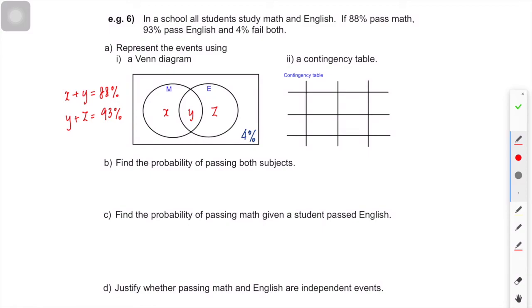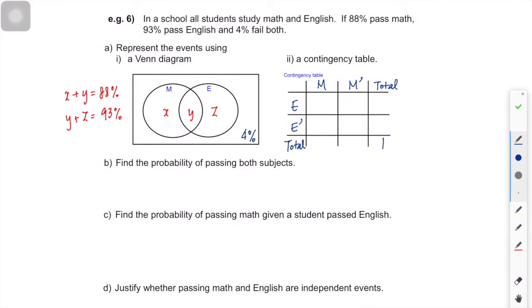Let's take a look at another tool, a graphic organizer called a contingency table. The way it works is this. You list your events: M, passing math, failing math, so M prime. Passing English, failed English. And then the last column and row are totals. I know that the total population is 1.